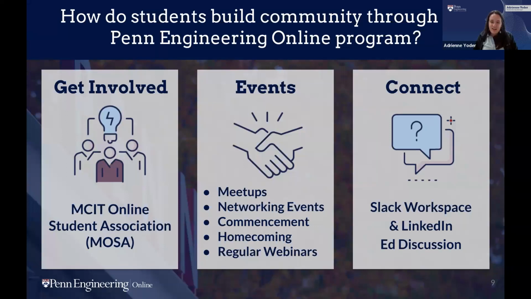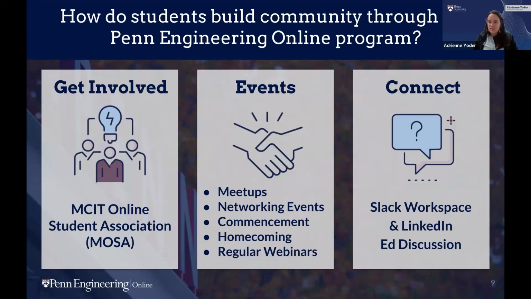Great, thank you. All right, so how exactly do we build community at Penn Engineering Online? Well, one way as a student that you can do that is through getting involved in a student association. So I know for MCIT, we have an online association, the MCIT Online Student Association. They do a lot for our community.